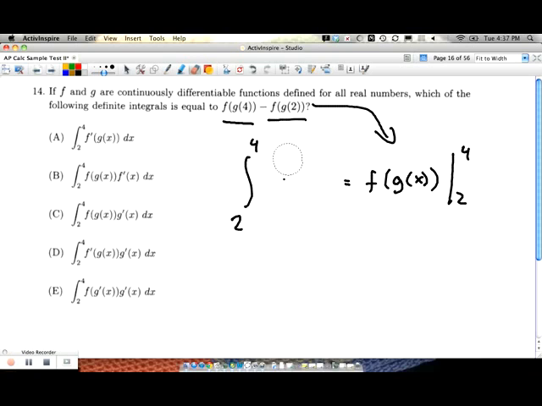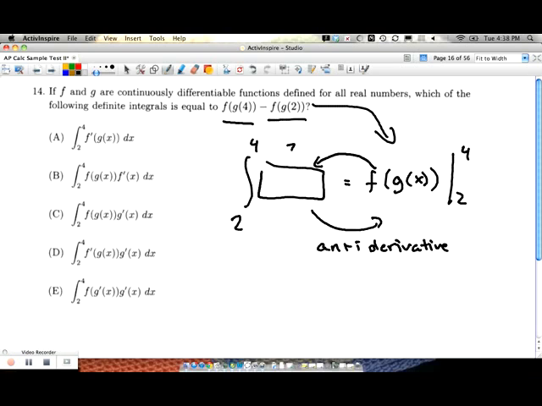But then what I want to think about is if I take the derivative of this f of g of x, that should give me what I started with. Because when I take the integral, this is the antiderivative. So if I took the derivative, that would put me back into the integral. Well, that's just the chain rule. It's the classic form of the chain rule.